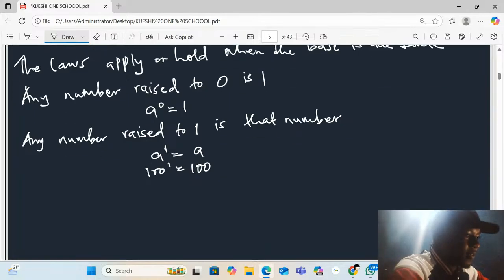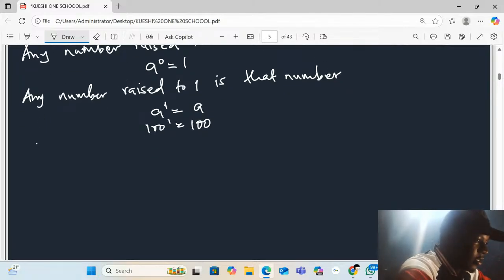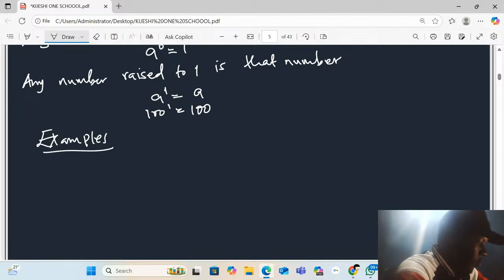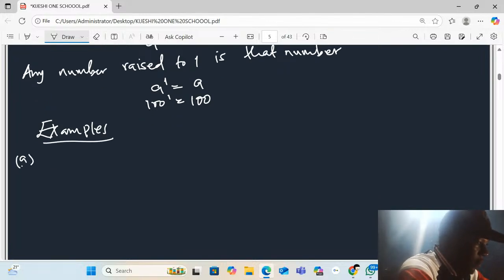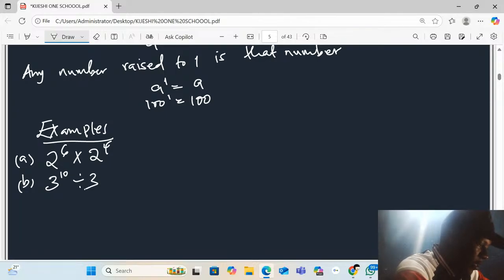Let us look at these examples. So we have our first example. We are saying A, 2 raised to 6. We are multiplying it by 2 raised to 4. Then B, 3 raised to 10 divided by 3 raised to 4.